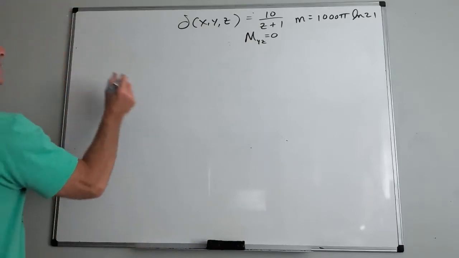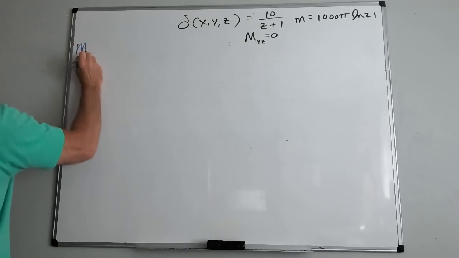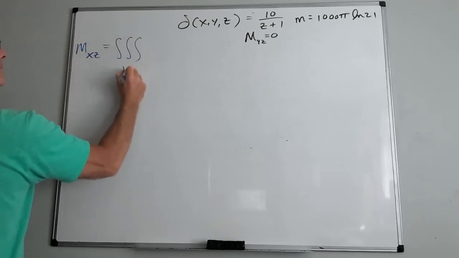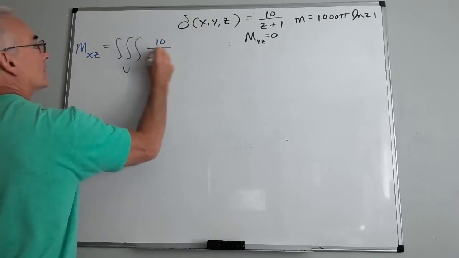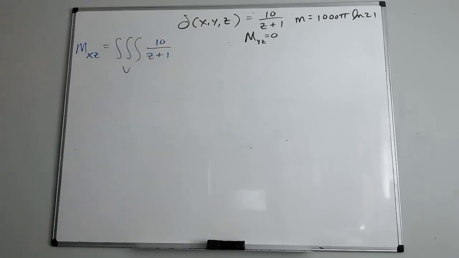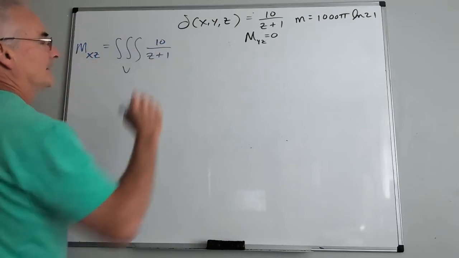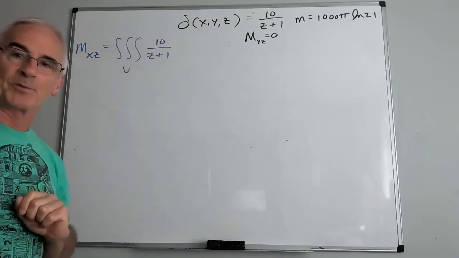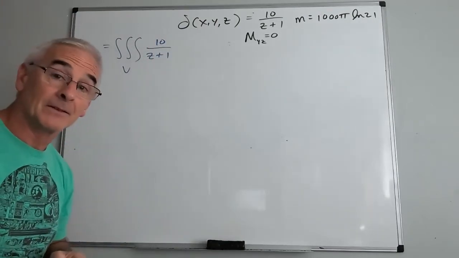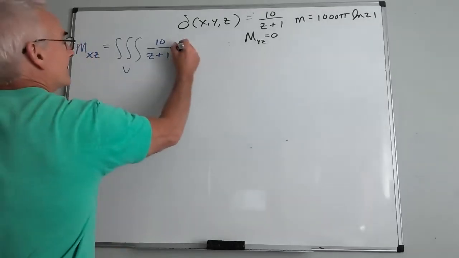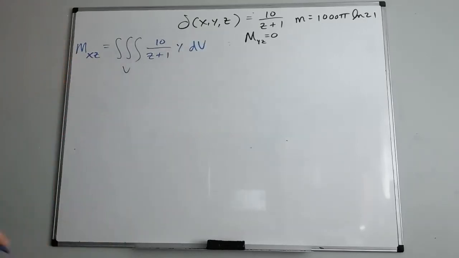So the one with the y distance would be M xz. And then what do I multiply this one by? Y. And you notice we do this before we change it to polar.